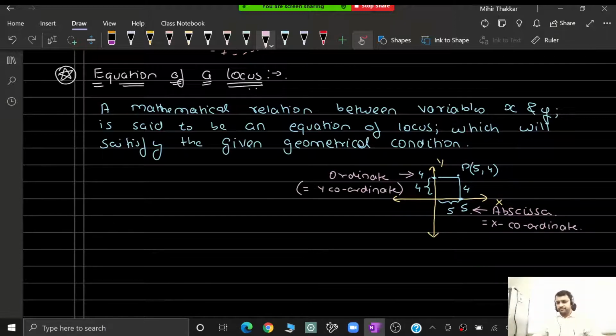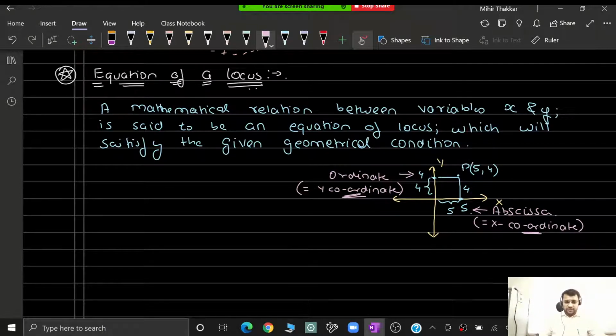So these are very important points that we need to remember over here, because in our example or in our question they will be giving us the relation between abscissa and ordinate sometimes. So we should be able to identify what is abscissa, what is ordinate.